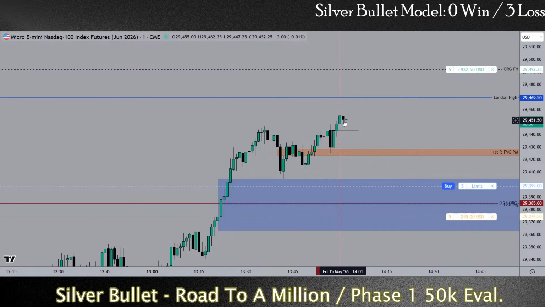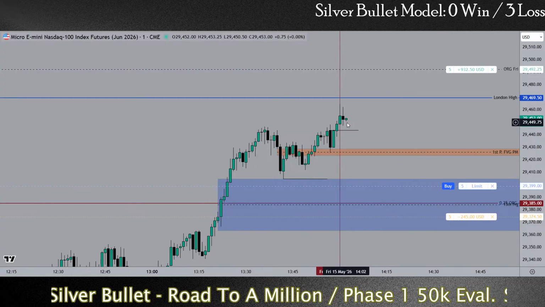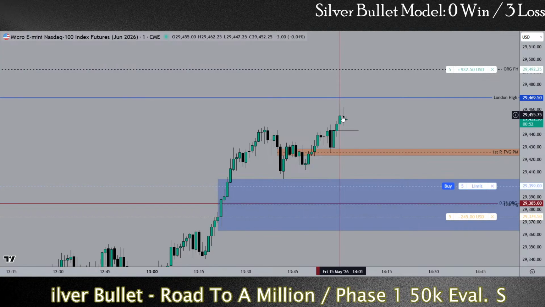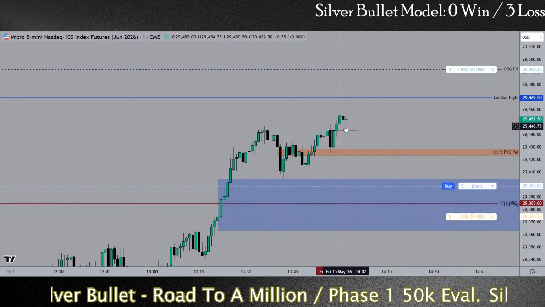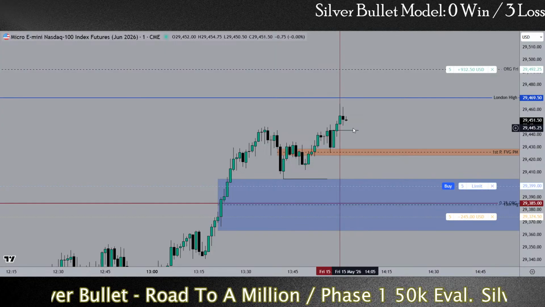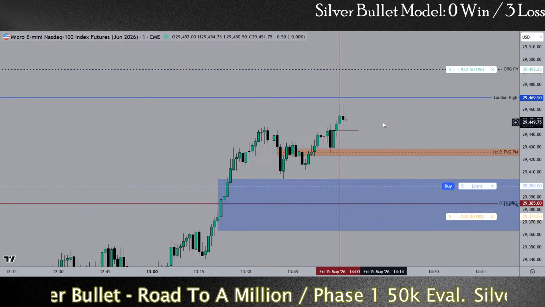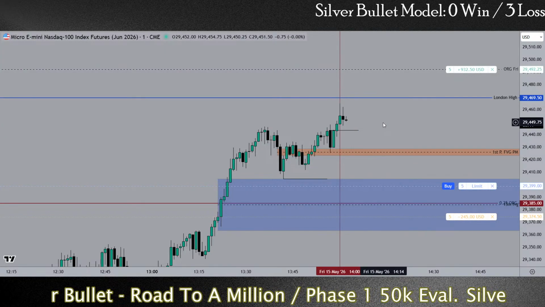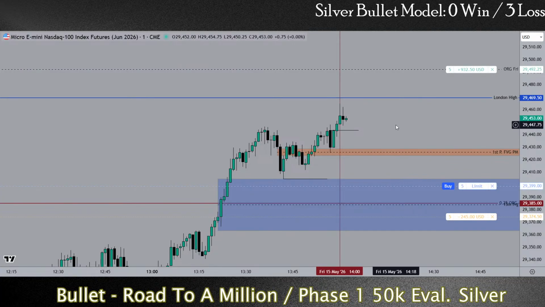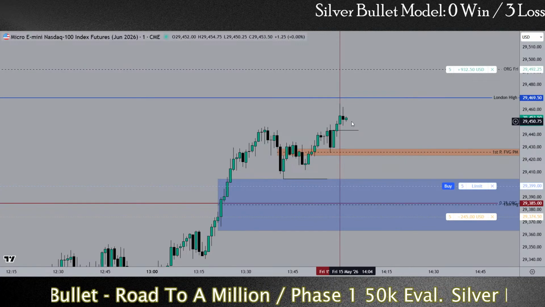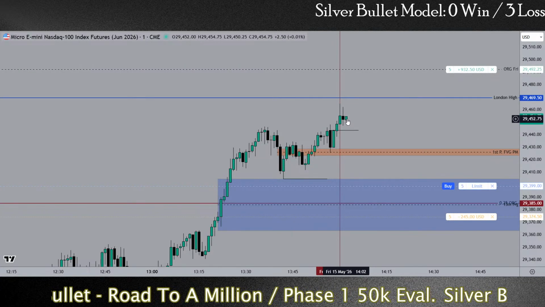All right, slow start so far. I would love to see some inefficiencies being formed, some imbalances that I could possibly work with. It's Friday.